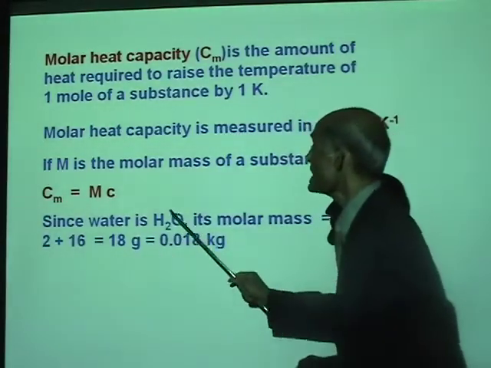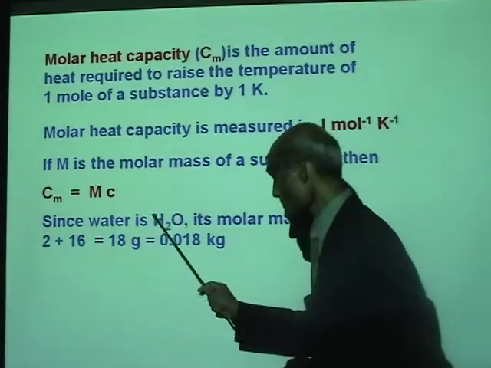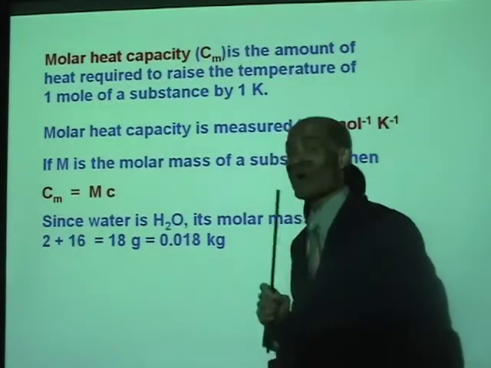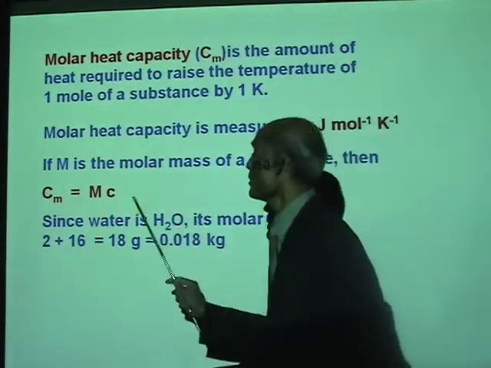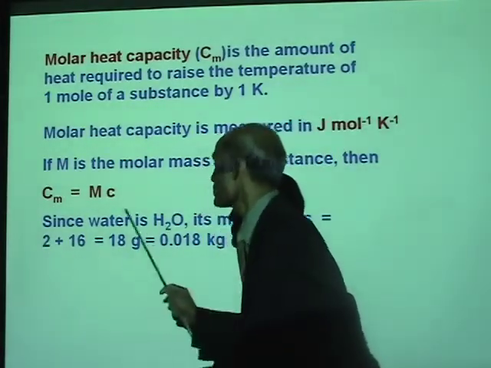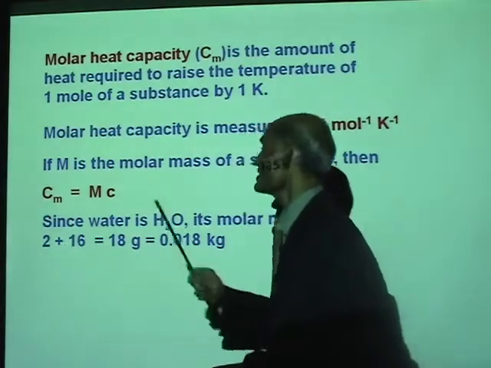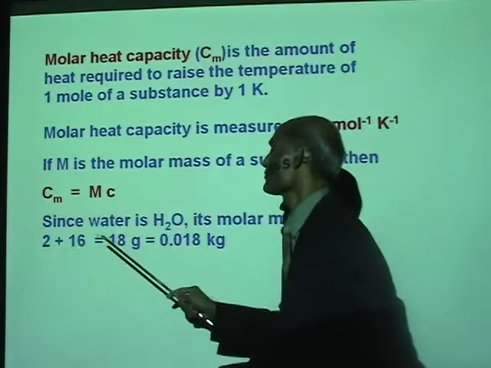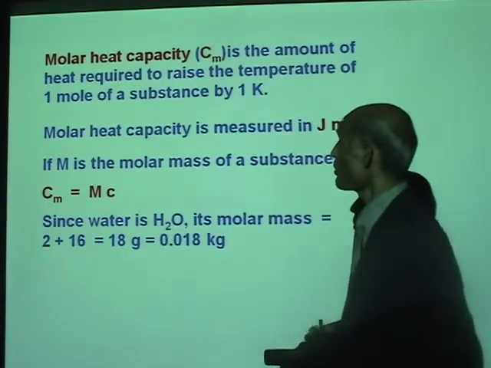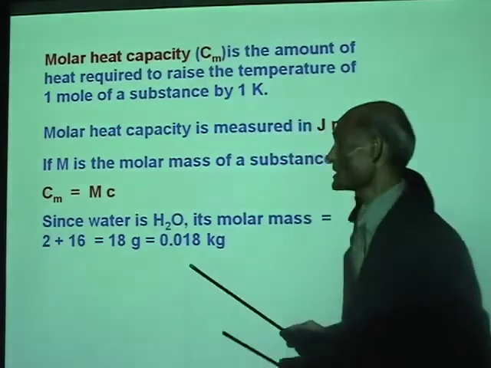Since water is H2O, what does that mean? 2 parts of hydrogen with 1 part of oxygen. So, the molar mass of water will be the molar mass of hydrogen, which is 2, plus the molar mass of oxygen, which is 16, that is 18, or 0.018 kilogram is the molar mass of water.